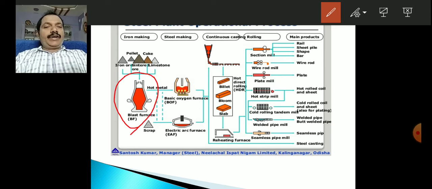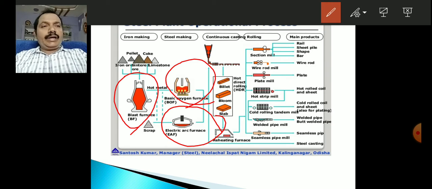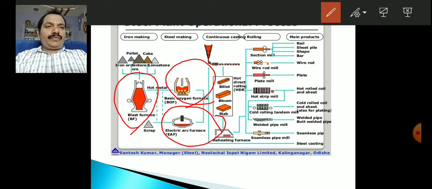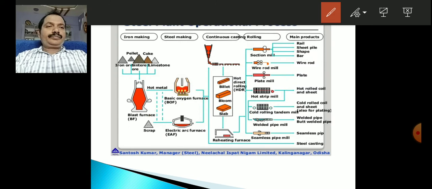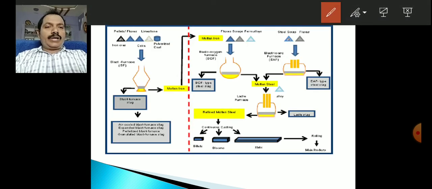Blast furnace number 1, basic oxygen furnace, electric arc furnace. Only 3 furnaces are shown here, but actually there are 4. Here if you observe, this is the basic oxygen furnace number 1.